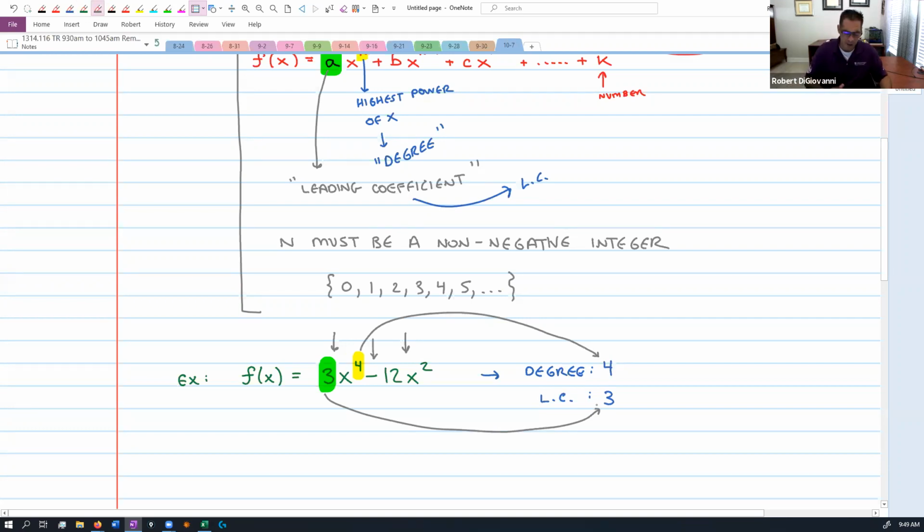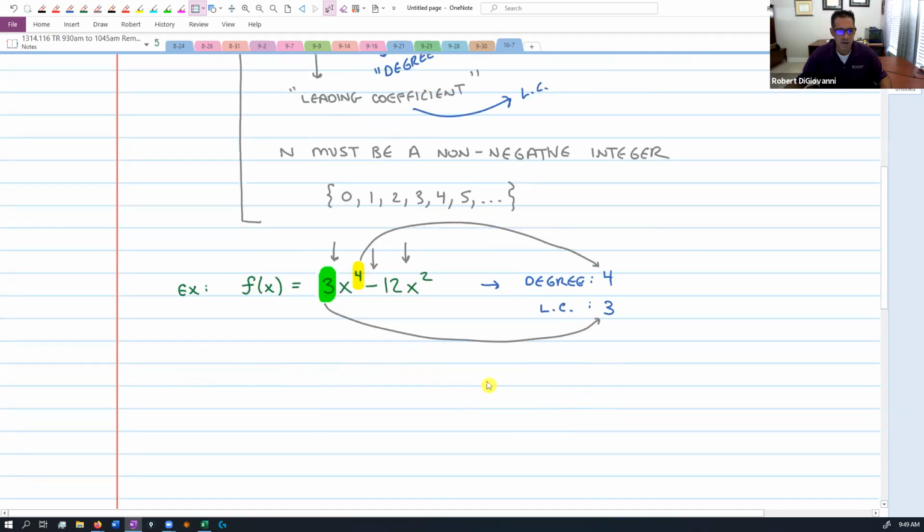Now you might be asking, well, wait a minute, it's missing the x cubed, right? There's no x cubed in here, and there's no x, and there's no number by itself. You understand what I'm saying? It seems like it has gaps. Well, here's the thing.